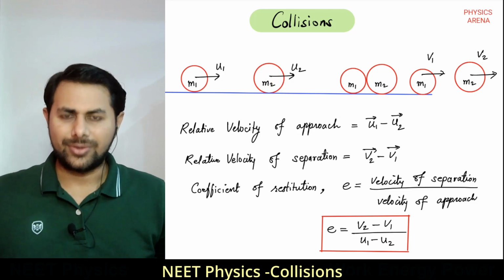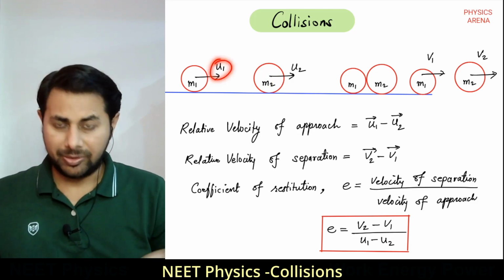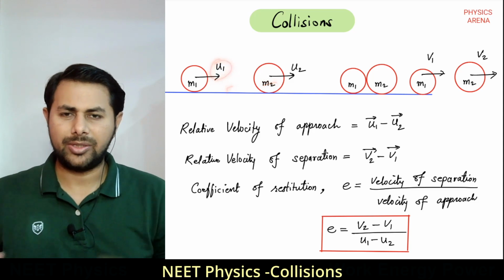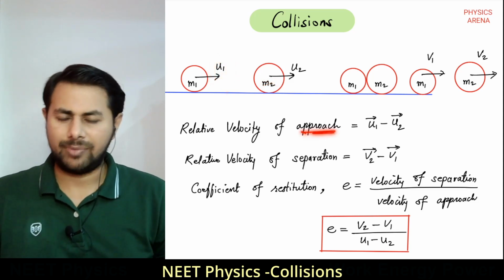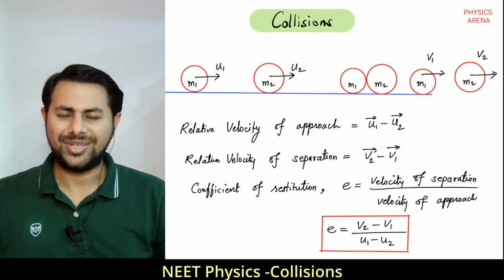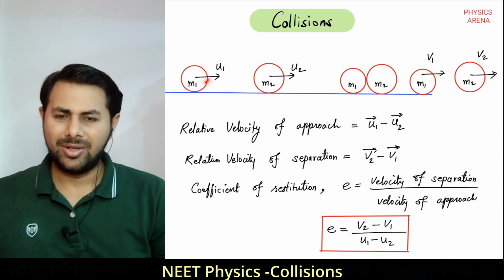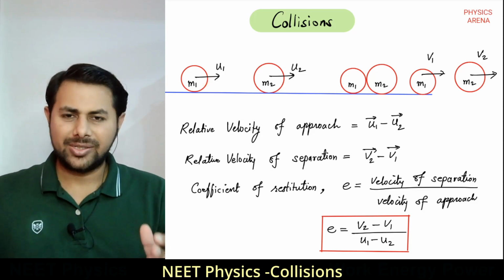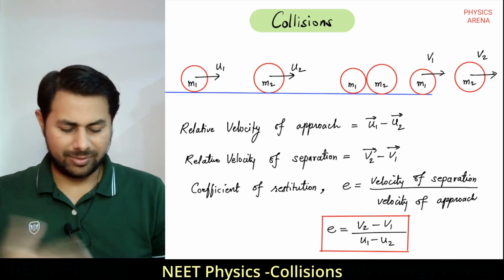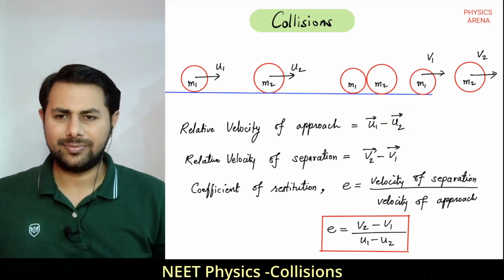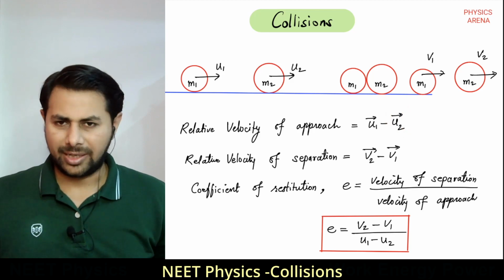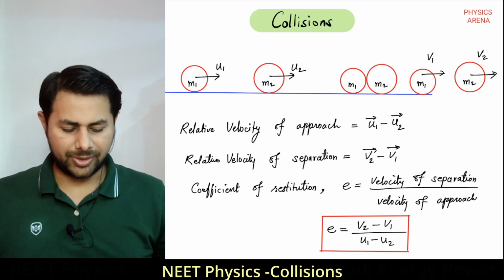So the relative velocity between these two bodies would be u1 minus u2. That is the velocity of approach. It is just the velocity of the body which is following the other body minus the velocity of the body that is being followed. So that is velocity of approach.